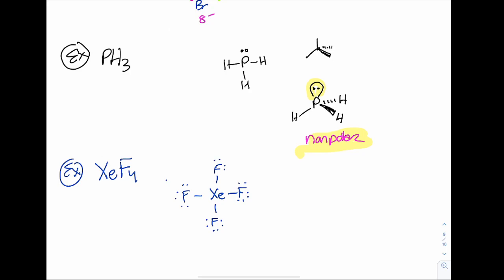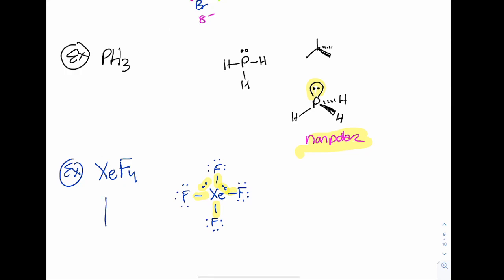You would have first figured out your total number of valence electrons, and when you got to this point, you would find that you have 4 left over, so I'm going to put 2 lone pairs on xenon. When I go and draw my molecular geometry now, I have 6 electron groups, right? 1, 2, 3, 4, 5, 6. 4 are bonds, 2 are lone pairs.